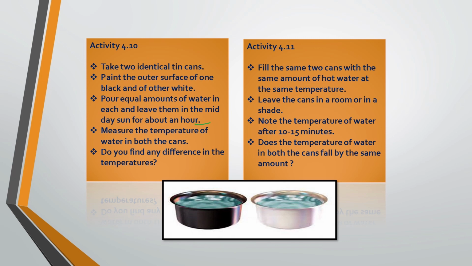Now what we find, if we measure the temperature, do you find any difference? Think of the difference. You will find that the water in the dark can is much hotter as compared to the lighter can. Again, we do another experiment with the same two cans.